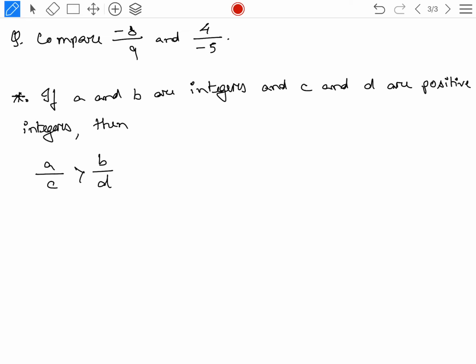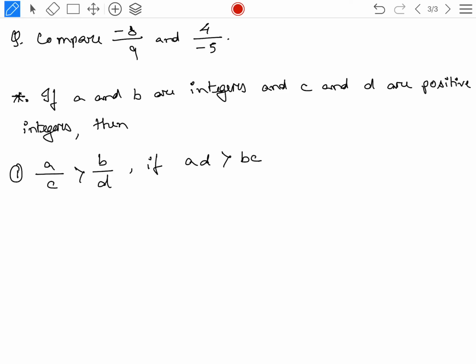The denominators should always be positive. So the first one, a rational number A by C, will be greater than B by D if AD is greater than BC.